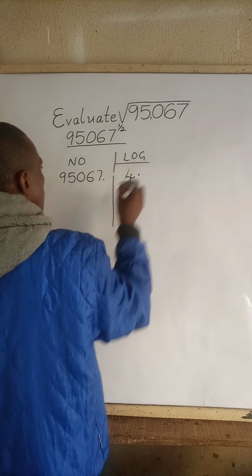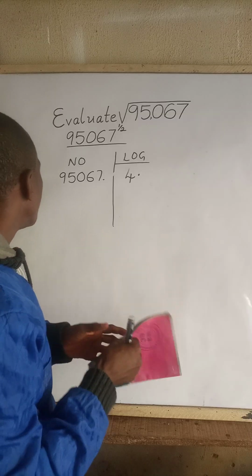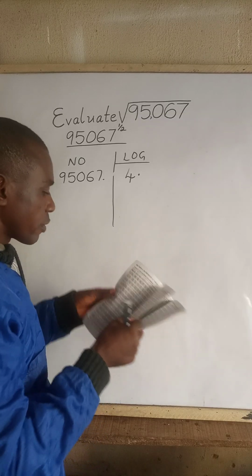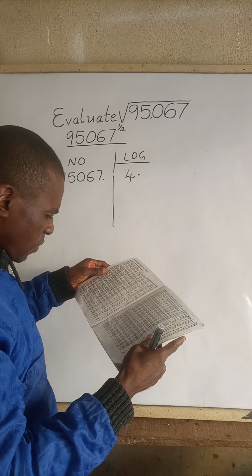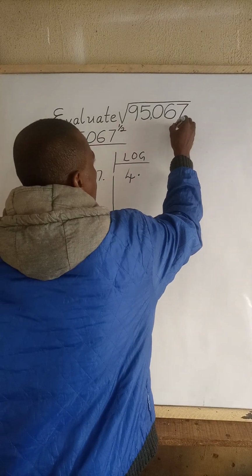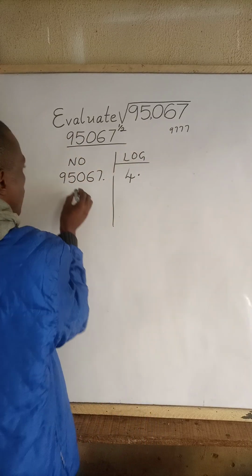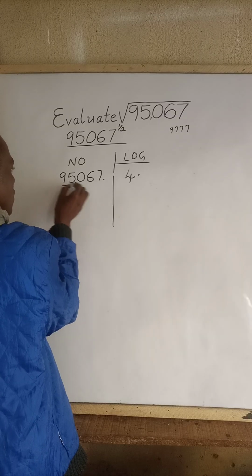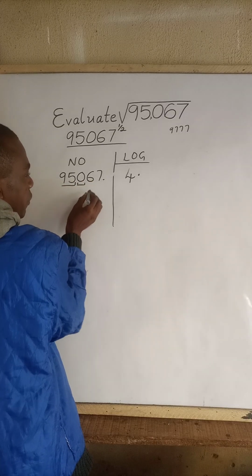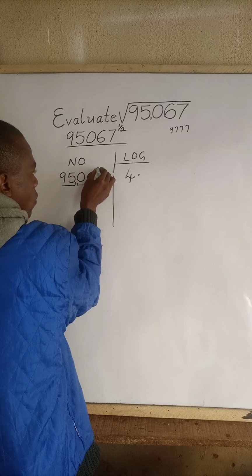I will now put the point. The next thing that I will do is look for 95 under 0, and the 95 under 0 is 9777. Now, remember that what I did is 95 under 0. The difference is 67, so the number is above 4.